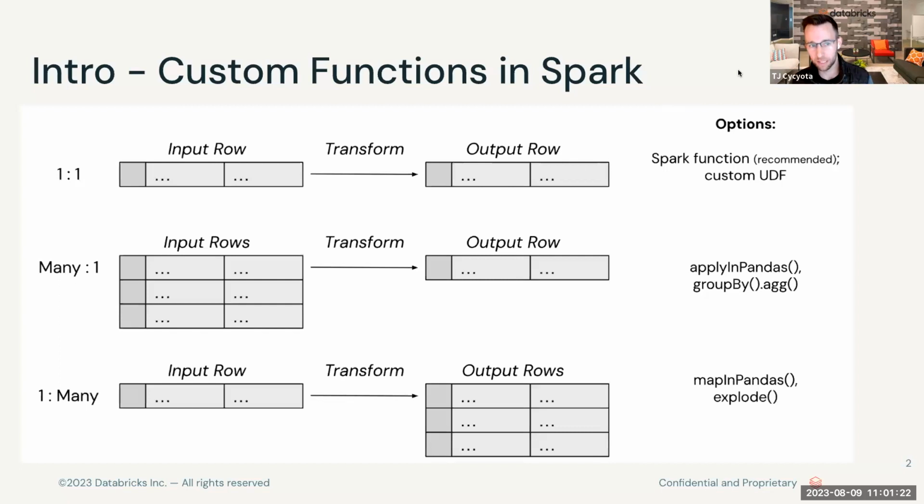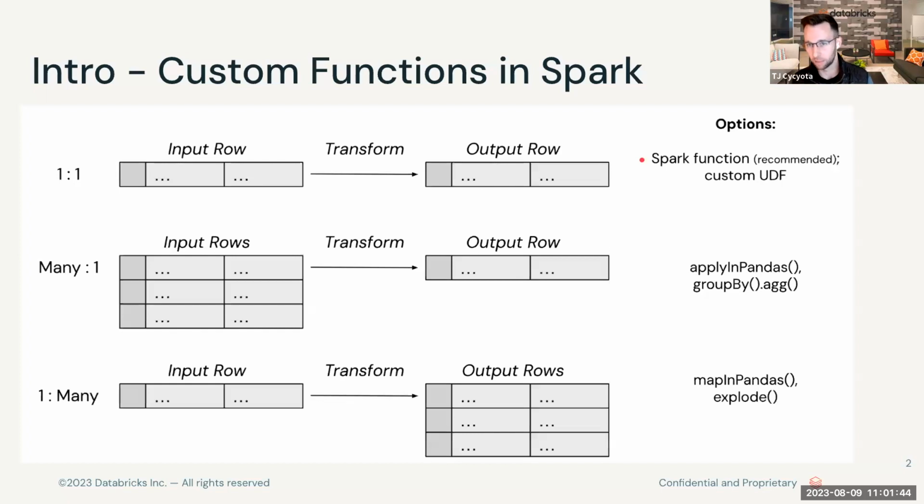So the basic setup here is when you're working with Spark and you need to do some type of transformation, there's several different approaches you can take. With one-to-one mappings of one input row to one output row, every Spark developer knows you should most of the time be using an out-of-the-box Spark function.